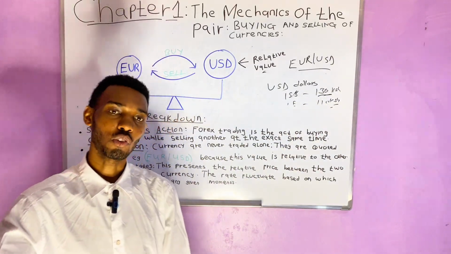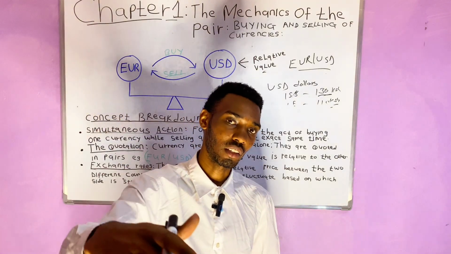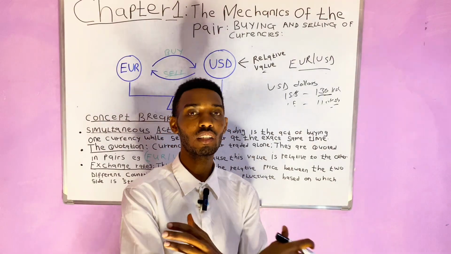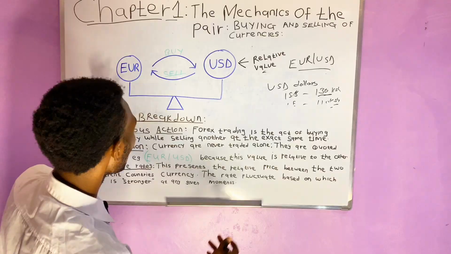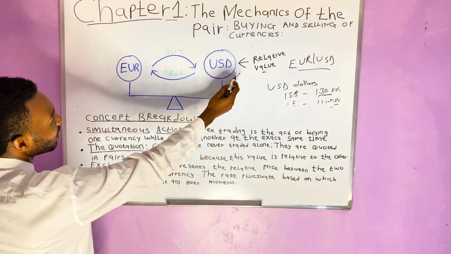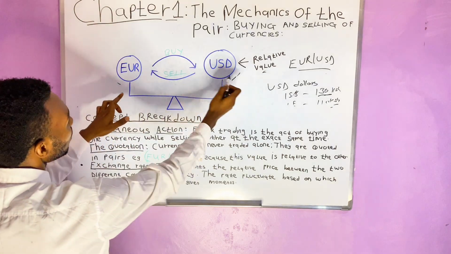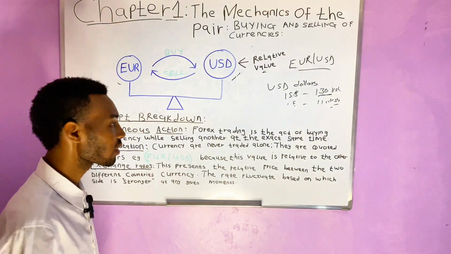Okay, this is how you do Forex. You have to do the relative value. You see the rate of the country, the price of the currency. Now, this is where the USD might be high and the euro might be low. So if you buy the USD at 130, you might spend a lot of money buying it.